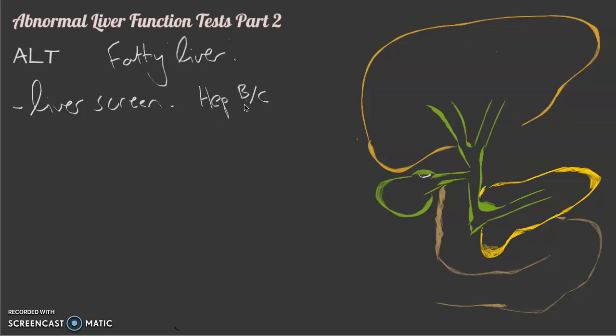Even though acute viral hepatitis would give you a very high ALT, chronic Hep B, C may give you just mildly raised ALTs. So it's a good idea to check for this. There are other causes of raised ALT that can be covered in the liver screen. For example, checking the ferritin and iron levels, as hemochromatosis would point in that direction.